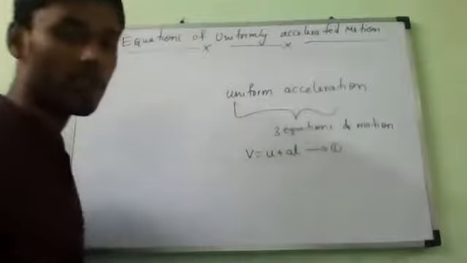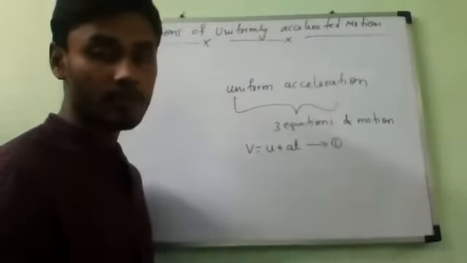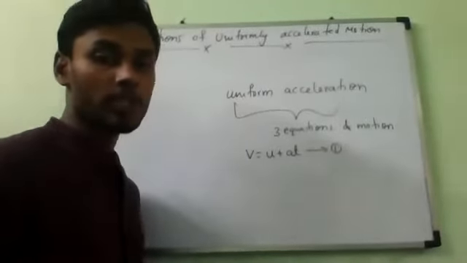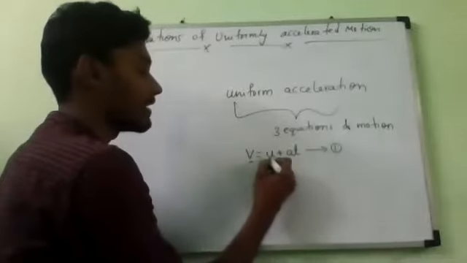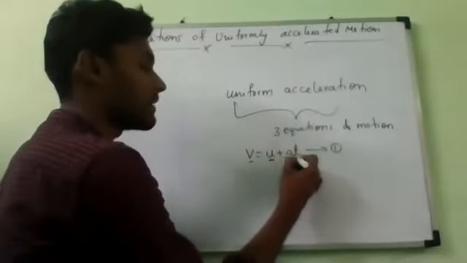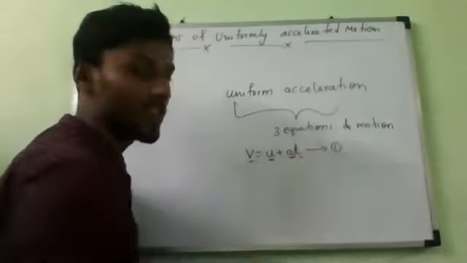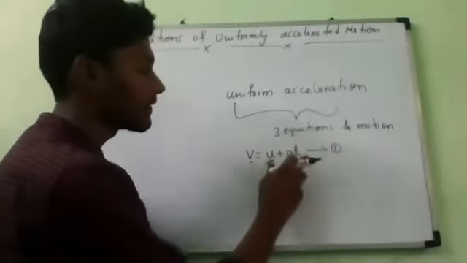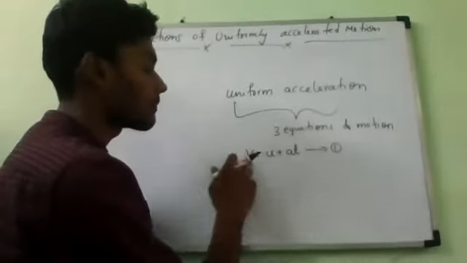What is the first equation? V equals U plus AT. Here V means final velocity, U means initial velocity, A means acceleration, and T means time. Do you understand? Yes, this is the first equation of motion.